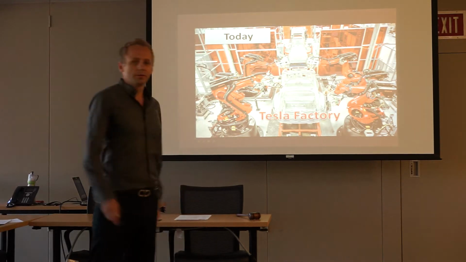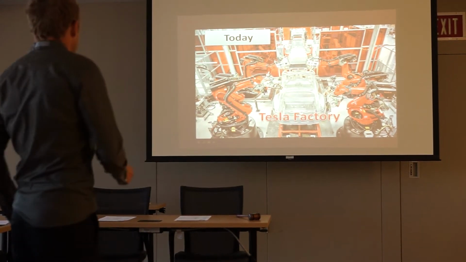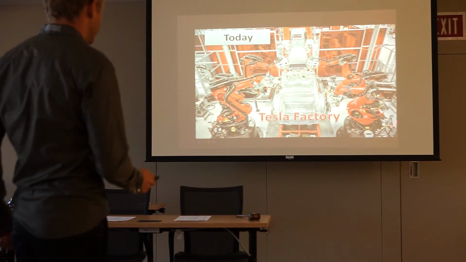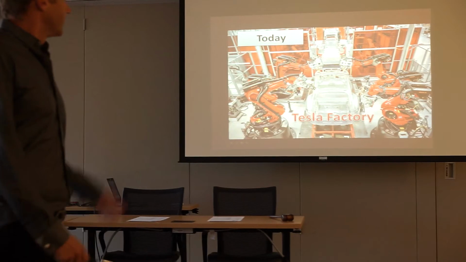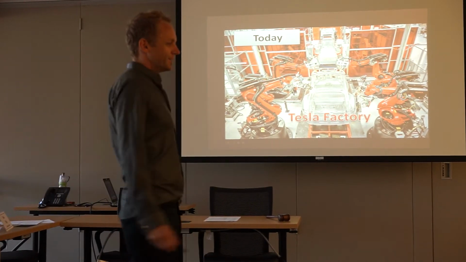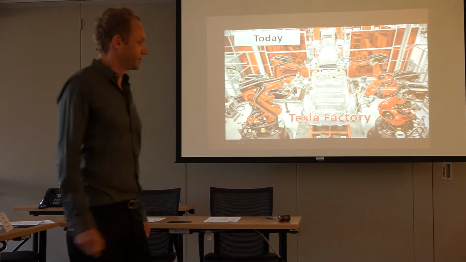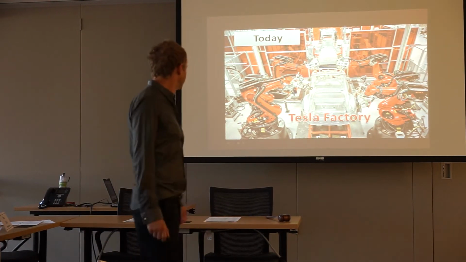This is how a factory looks today. This is a Tesla factory. No manual work, lots of wires. Electric cars are probably going to be the future. Maybe not in the next 10 years, but in the next 20 years, we're probably going to get away from gasoline altogether.